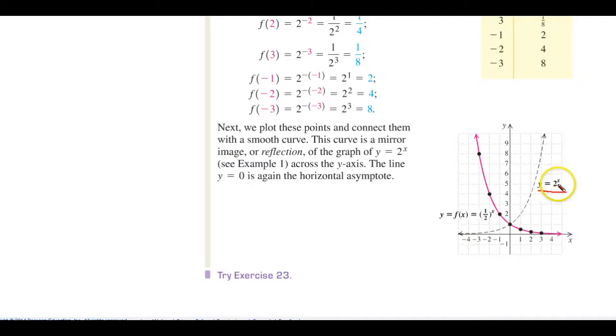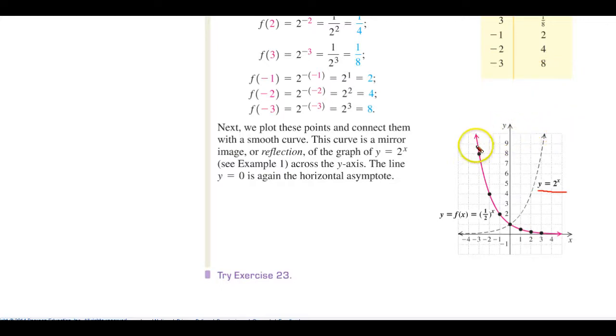Now notice what happens when these are fractions, like 1/2, the reciprocal of that, and then we apply our exponents in this chart, what happens?